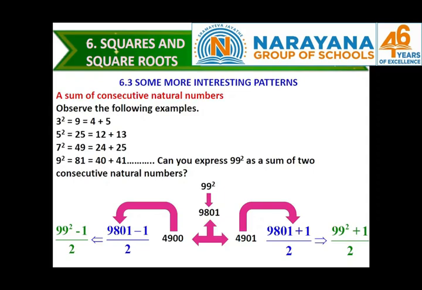That is equal to (99 square minus 1) by 2 and (99 square plus 1) by 2. So every odd square number I can express as the sum of two consecutive natural numbers. How to find those two consecutive numbers? This is the formula.